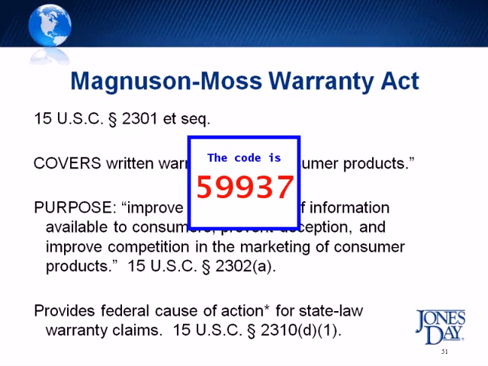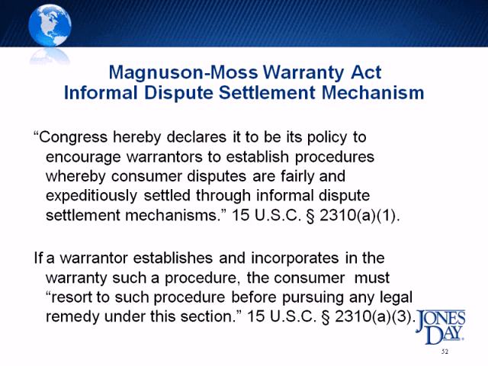The Act establishes a policy encouraging warrantors to establish procedures for informal dispute settlement. And of course, it requires that those procedures be spelled out very clearly in the warranty. But the point is that Congress wanted to establish quick and fair procedures to allow for resolution of warranty claims.